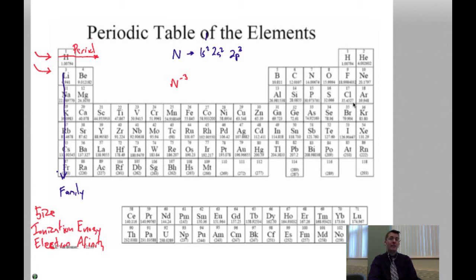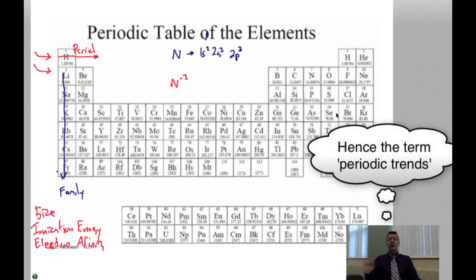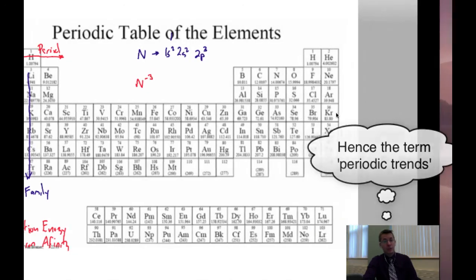Materials that are more likely to be gases, materials that are more likely to form divalent anions, things like that. So the properties cycle every single time through a period, and then you move to the next period, and then you move to the next period. And there are deviations, that's given, but for the most part, these trends periodically reproduce themselves, and we're going to talk about those.